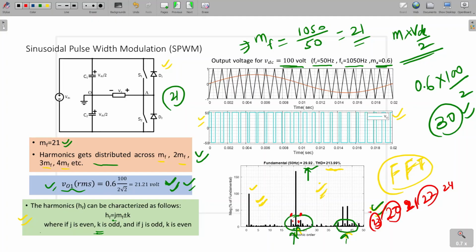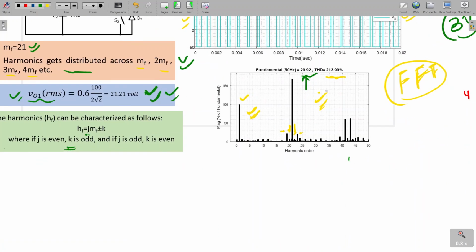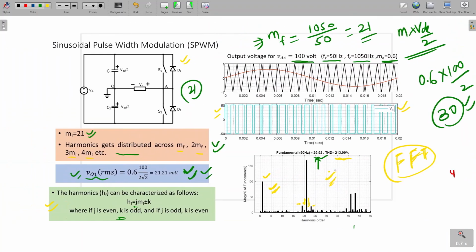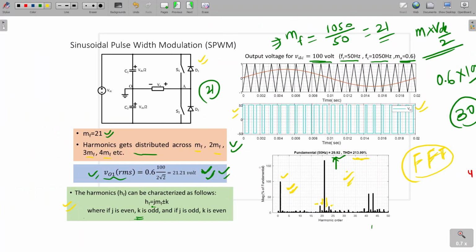See, this only is shown here. If we see the harmonic pattern here, nearby it is less only here, here and here, just side by side. But after one it is higher. Exact data is not shown. So if you see here, I think this is the 21st.